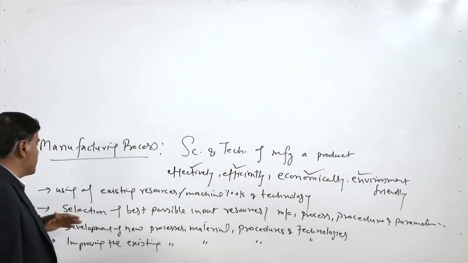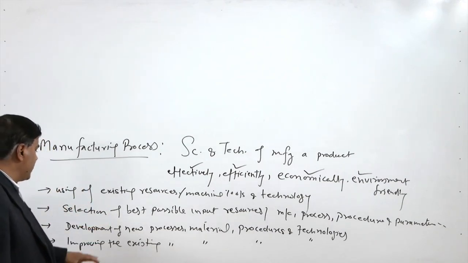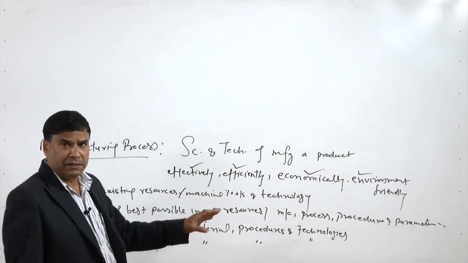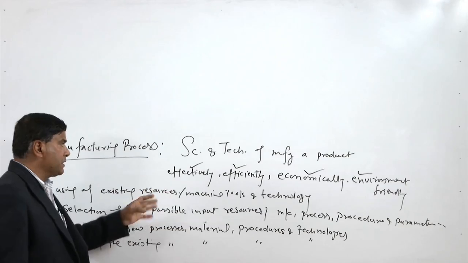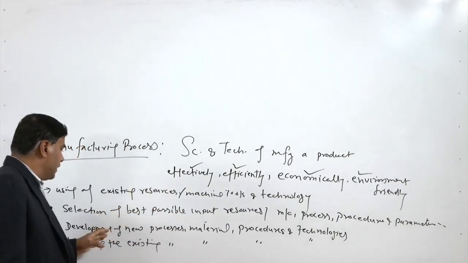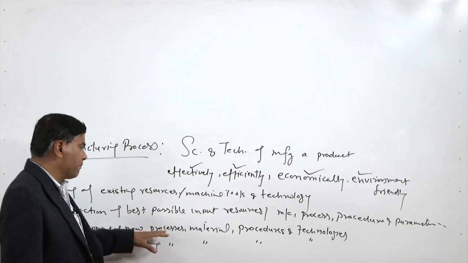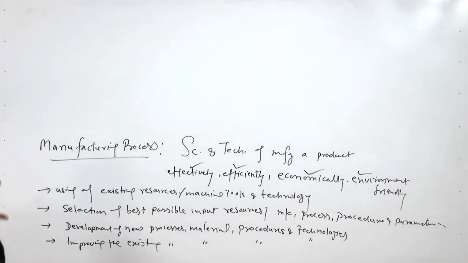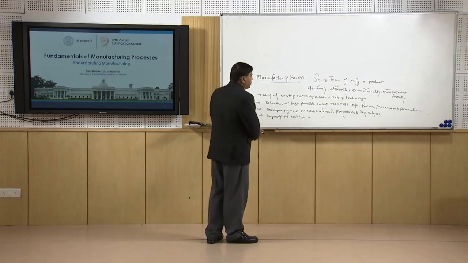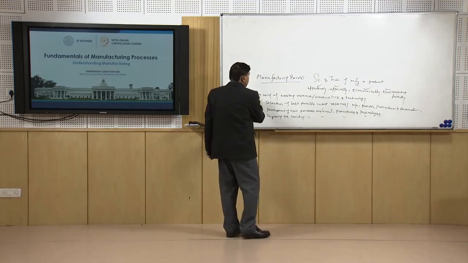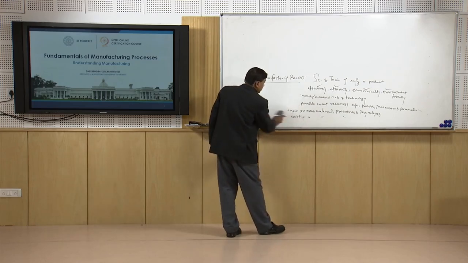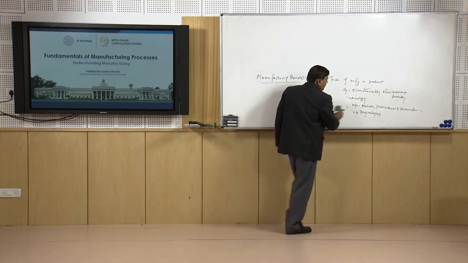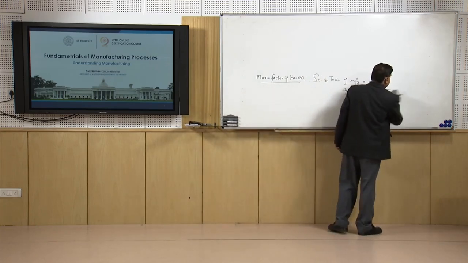If the existing ones are not able to help us, then one way is to improve the existing processes, materials, procedures and technologies, and even if that is not achievable, then we need to develop the newer processes, newer materials, procedures and technologies, so that any product can be manufactured efficiently, effectively, economically and environment friendly, so that the desired purpose is achieved.